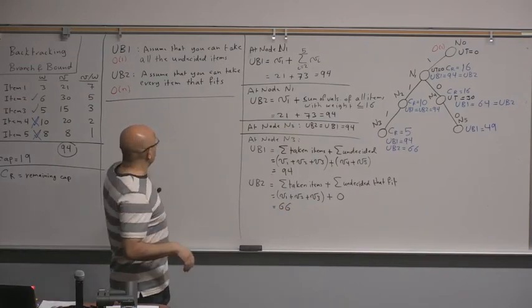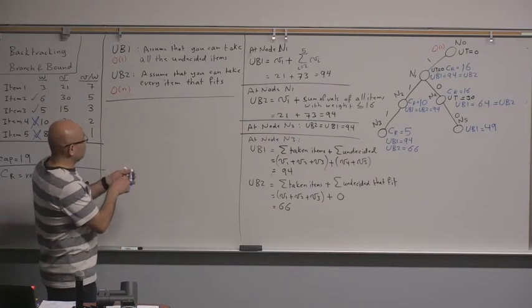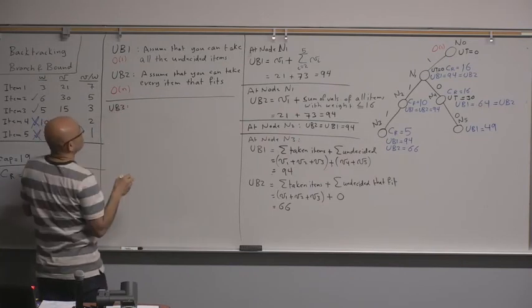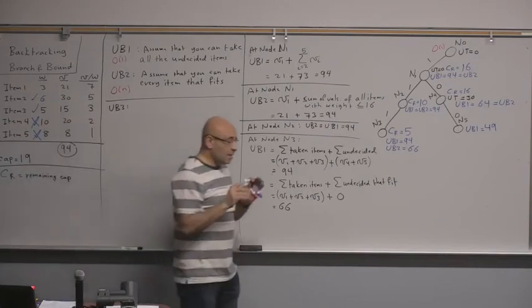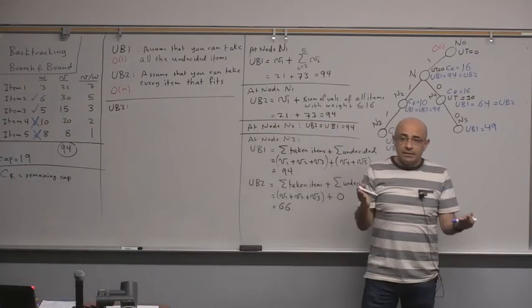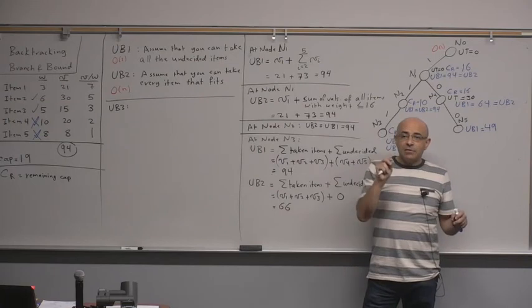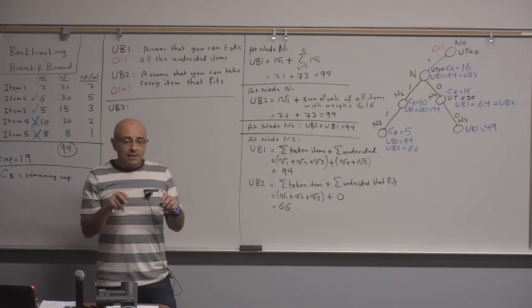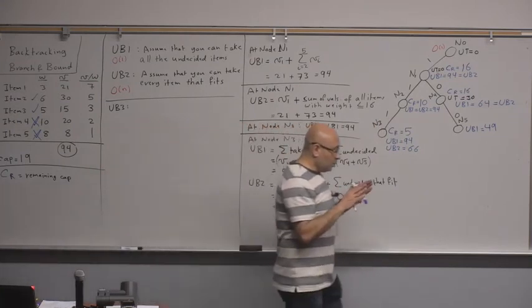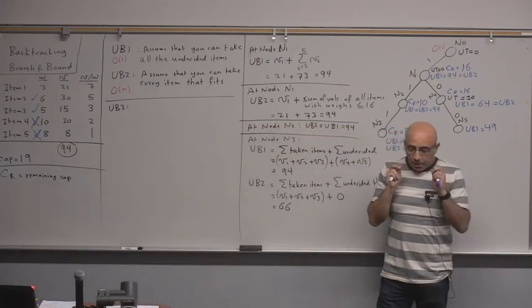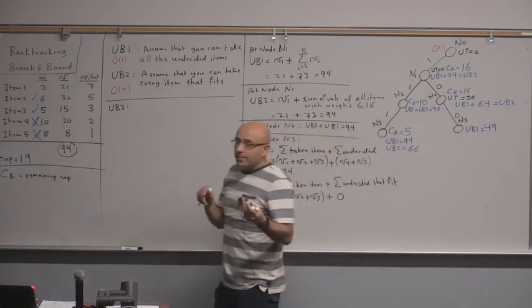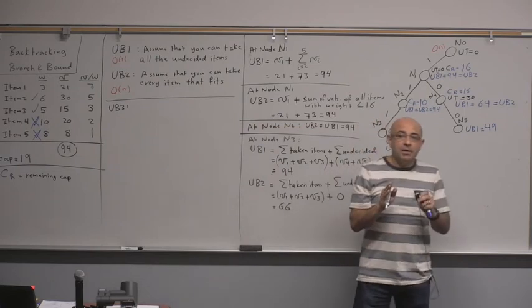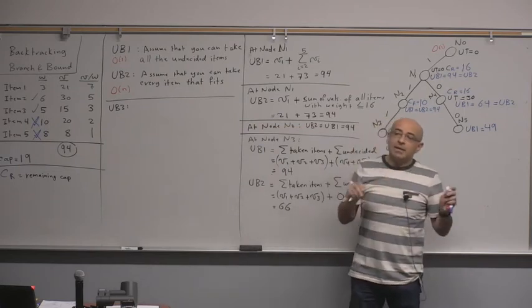Okay. So now let's look into upper bound 3, which means look at the remaining items and solve the subproblem of deciding which of the remaining items will be taken. Solve that as a fractional knapsack problem with the remaining items and the remaining capacity.